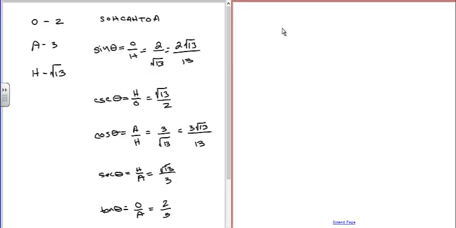Okay, the next kind of problem, you're given one of the trig functions, the cosine of theta, the sine of theta, or tangent of theta, where they give you two sides. So let's say the cosine of theta is 5/7. And since this is a right triangle, we don't have to worry about the signs. They're all going to be positive.